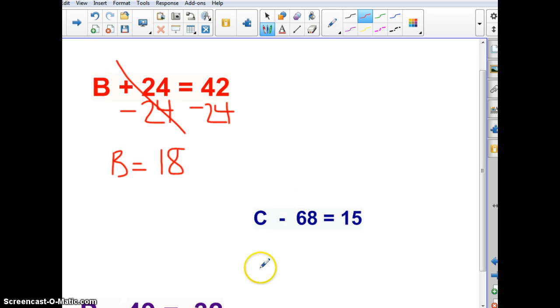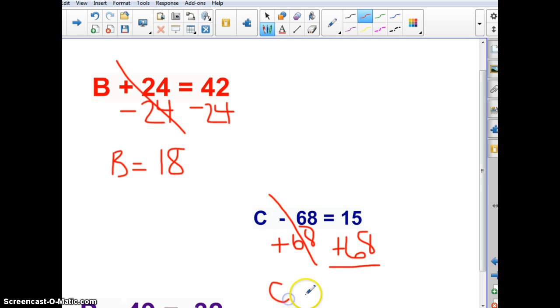We want c by itself this time, so I'll do the opposite of this. So I'll add 68. I also have to do that to this side. Apologize for my messy handwriting. This now cancels each other out. I'm left with c equals 83.